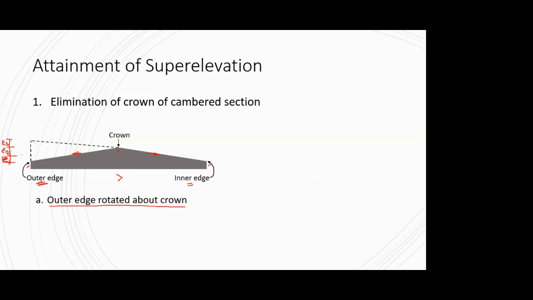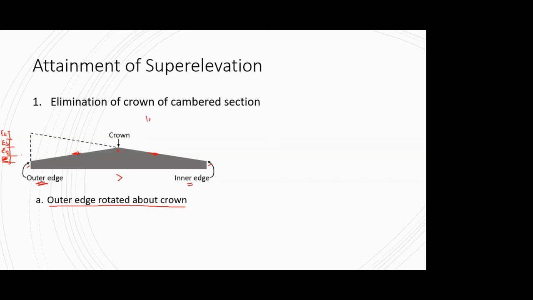So this is the end point, and at this end point this will again be E4. Here we have raised the outer edge to such an extent that it is matching the camber that we have provided on the inner half of the pavement.